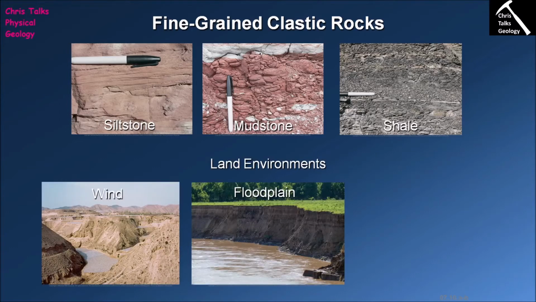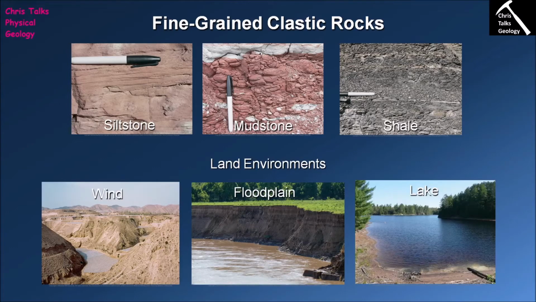Now, in terms of the environments where we tend to find these fine-grained sedimentary rocks forming, the key control is that they have to be very low energy environments. And that's because it's actually quite difficult to get silt and clay-sized particles to fall out of suspension.